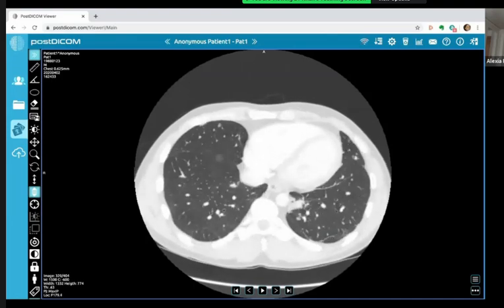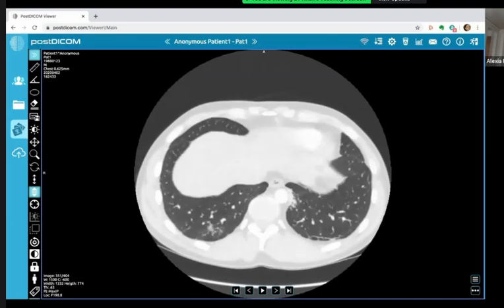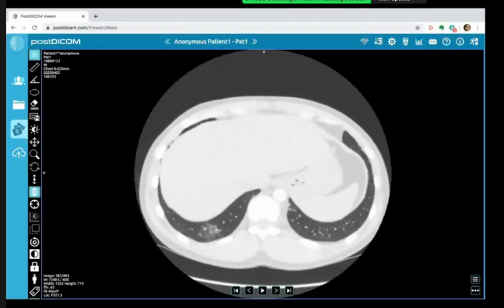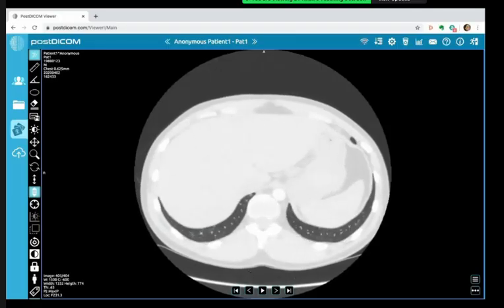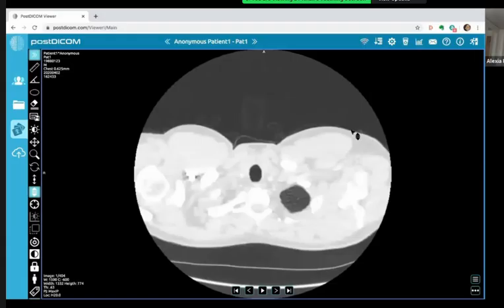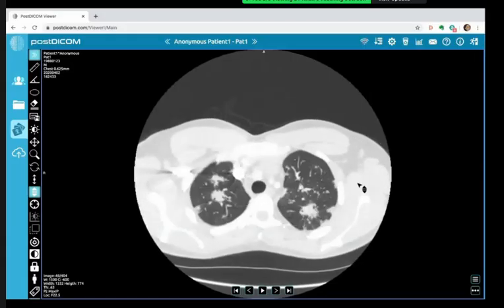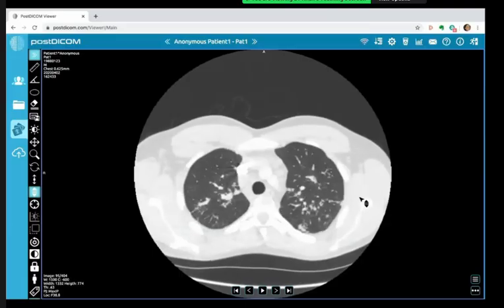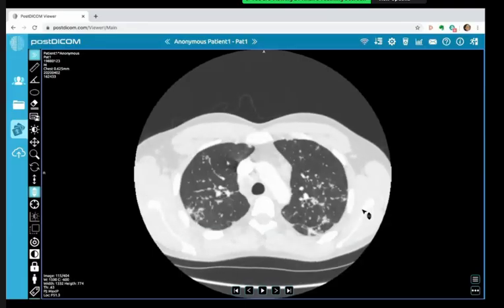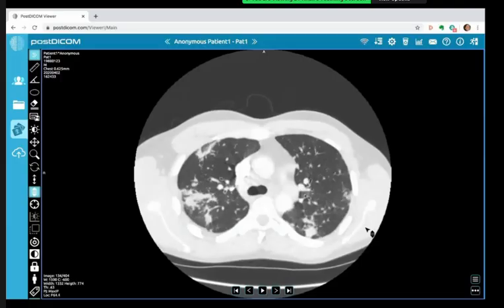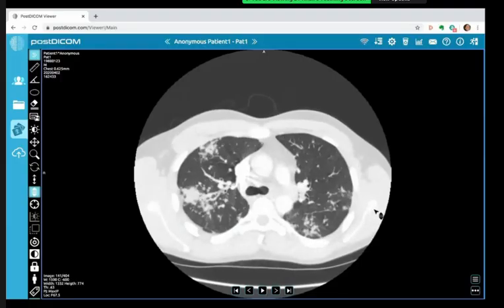Okay. There are bilateral, predominantly perilymphatic nodular opacities with some confluent areas of consolidation or nodularity, bigger nodules. There's some adjacent tracheobronchial dilatation as well. There's mediastinal lymphadenopathy, especially in the paratracheal and AP window, with bilateral distribution as well.